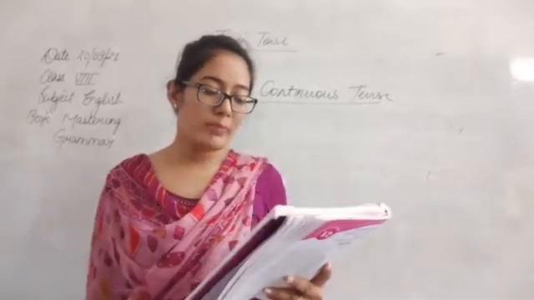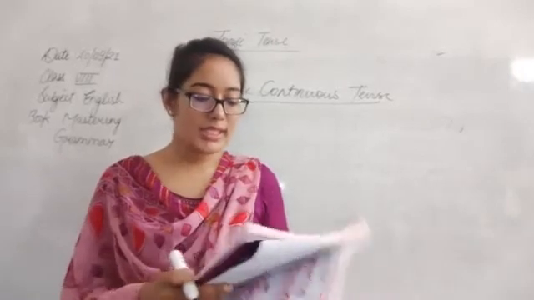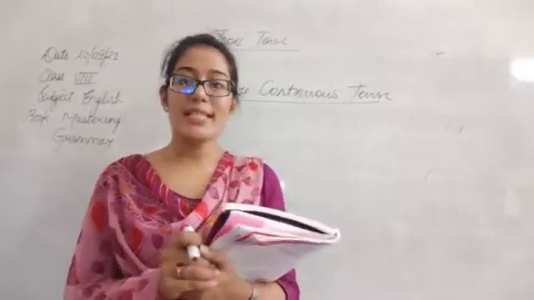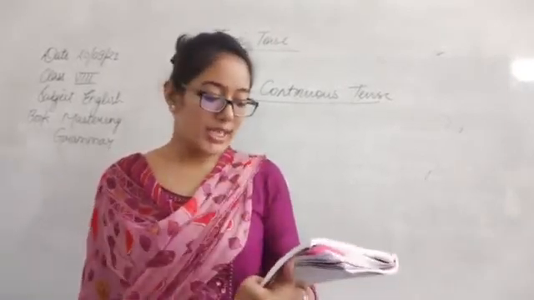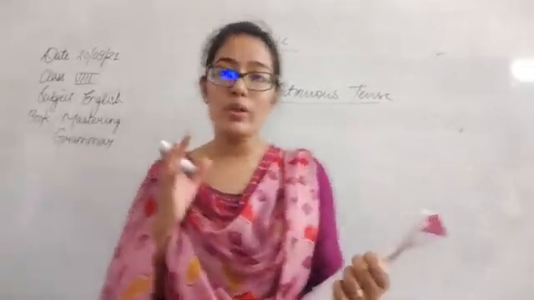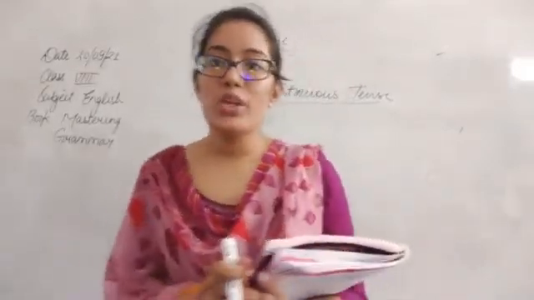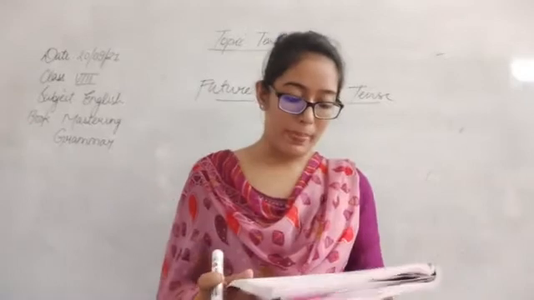So, Sohan will be studying when you reach home. So this action, Sohan will be studying, is interrupted by when you reach home. So Sohan would only be studying when you would reach home.